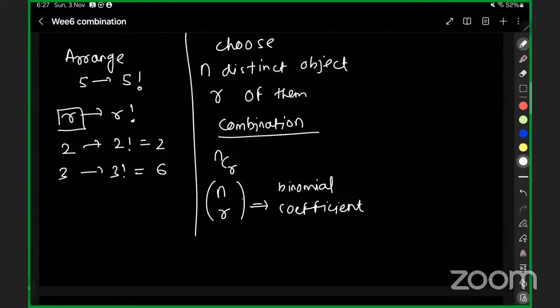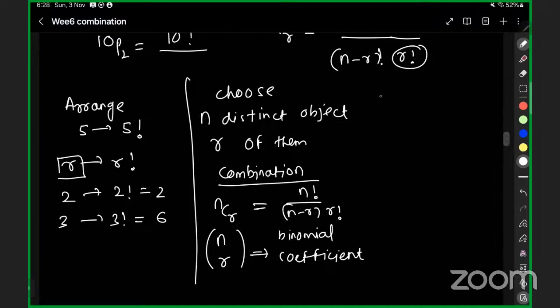For now, just know that this is another way to write combination, so basically both are the same thing. NCR or N over R in two brackets. And to expand this, we'll have N factorial over N minus R factorial and R factorial. So this is the way you do combinations.